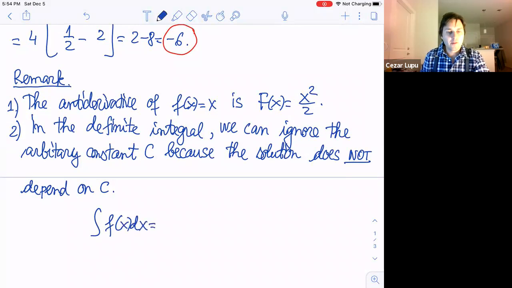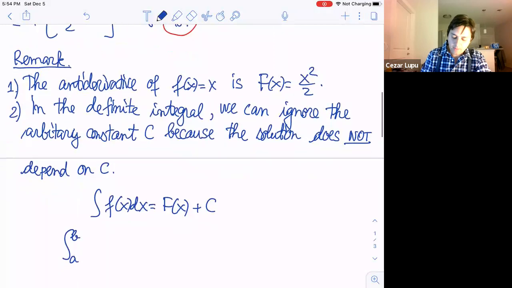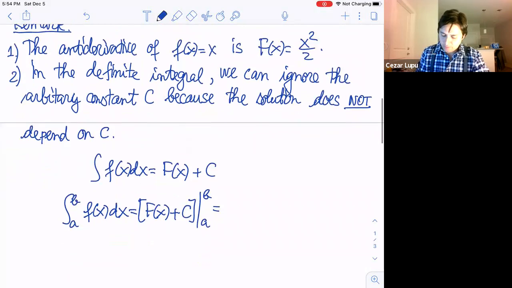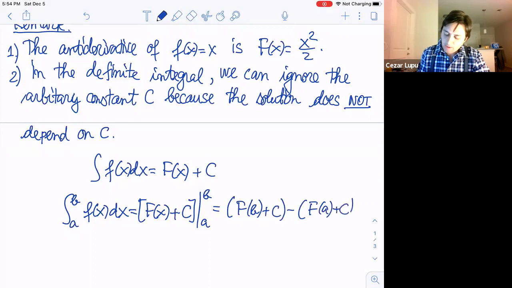So in other words, in the case of the indefinite integral, we had that the integral of f of x dx was the antiderivative F of x plus the constant C. And in the case of the definite integral, we will have the integral from a to b of f of x dx, if we want to write it using the above formula, is F of x plus c, taken from a to b. This would be F of b plus the constant c minus F of a plus c. And then guess what?